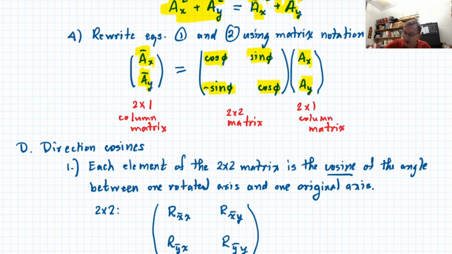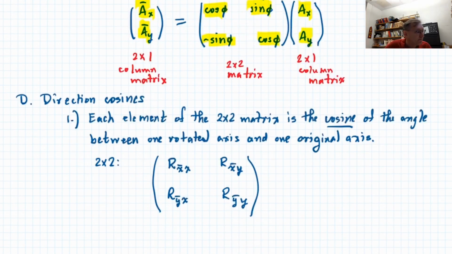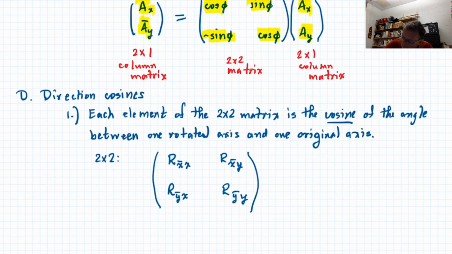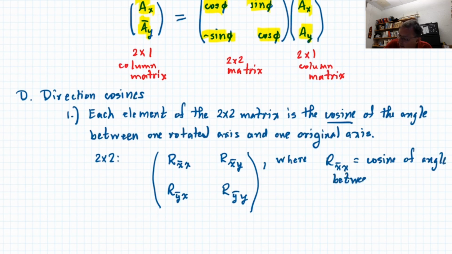That's just the notation in general for those elements of that 2 by 2, where, for example, the first element, R subscript x bar x equals cosine of the angle between the axes x bar and x. That's what goes in the first element there. The cosine of the angle between the x bar axis and the x axis.